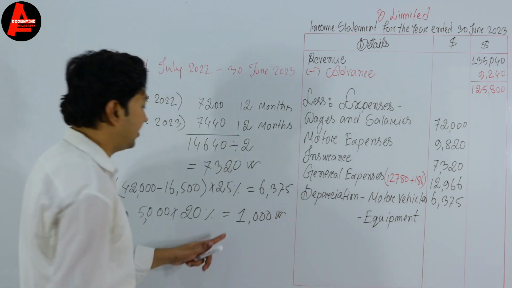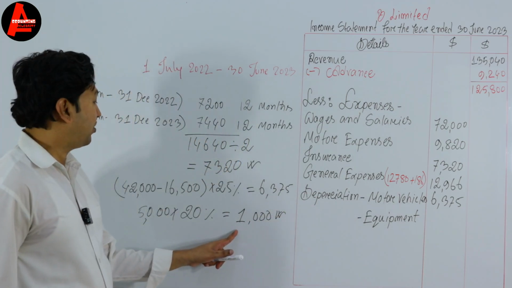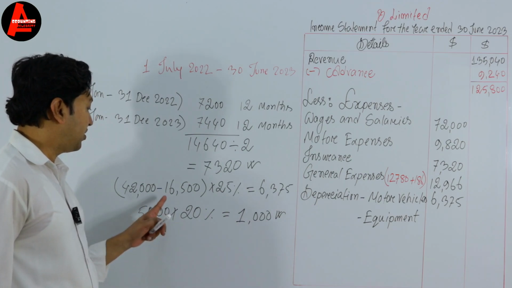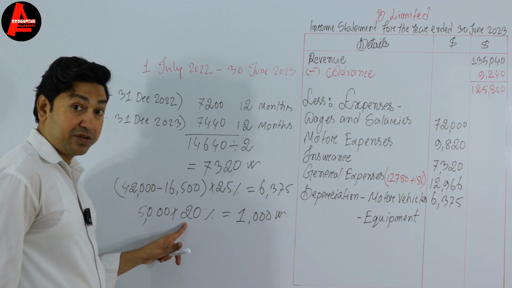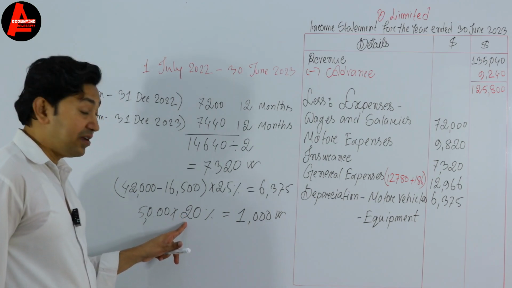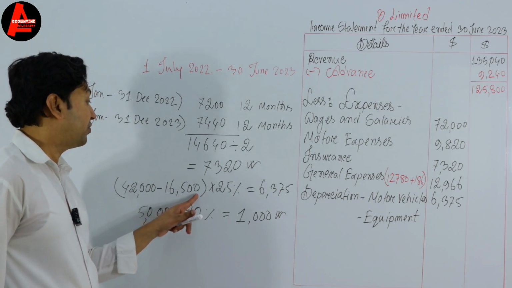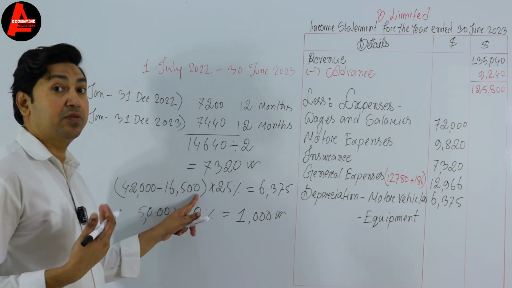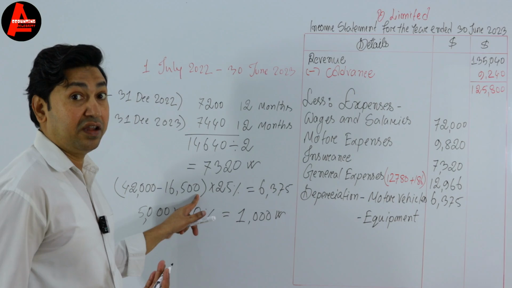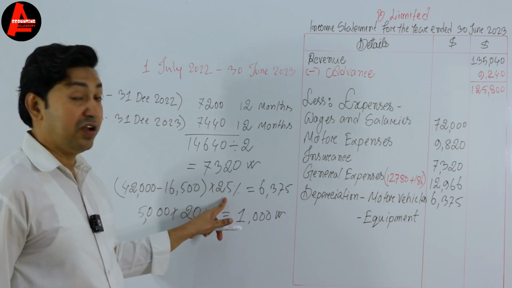Okay, this is the depreciation for equipment. So what is the difference between reducing balance method and straight line method? So here we directly multiplied, but here for reducing balance method we have to subtract the previous year provision for depreciation, then we multiply by the rate.